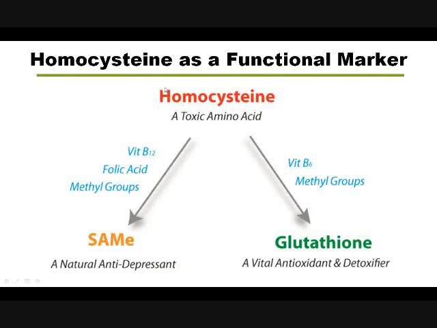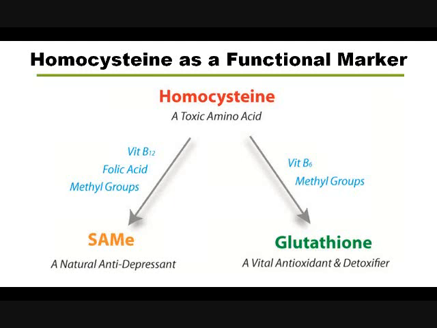Homocysteine is an intermediate compound. This is a toxic amino acid that the body makes from protein you take in your diet. Now, if you have B12 and folic acid and methyl groups, which is a carbon and 3 hydrogen atoms together, then homocysteine will be converted into SAMe, which is a natural antidepressant.